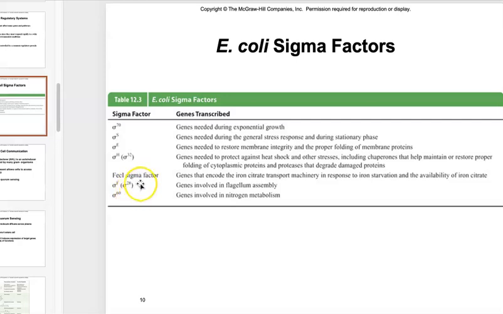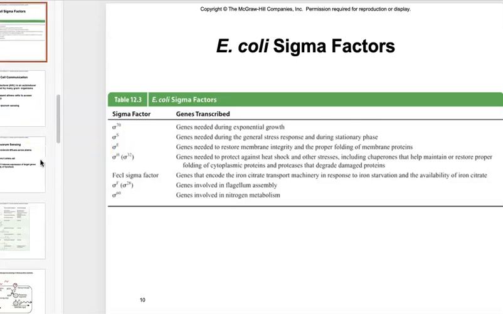And I had talked about the anti-sigma factor as well that works in conjunction with this. But again, you can see that there are different sigma factors that microbes use to make their RNA polymerases modular, so they can activate all kinds of different gene expression. The RNA polymerase has the same core structure, but all you've got to do is swap out one part, and then the RNA polymerase becomes more adept at activating certain genes.